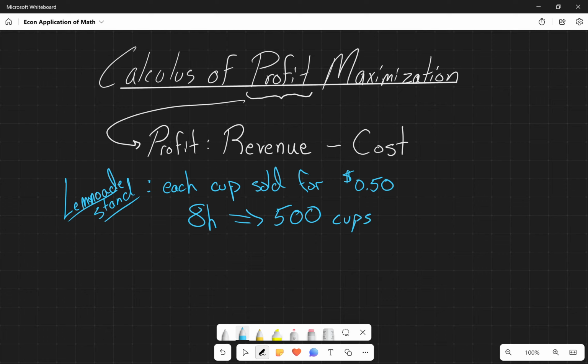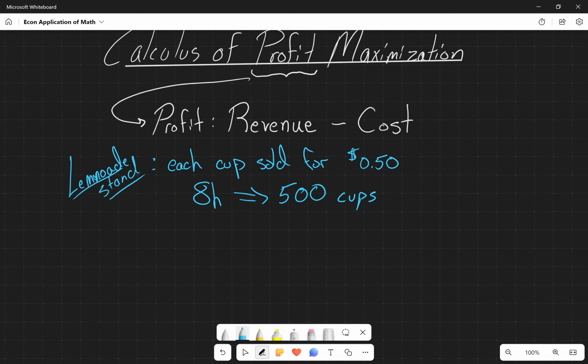Let's say it's Fair Trade Days or something like that. It's a popular time. So this right here is our quantity. This is our price.